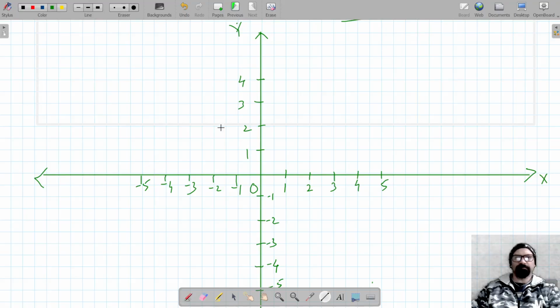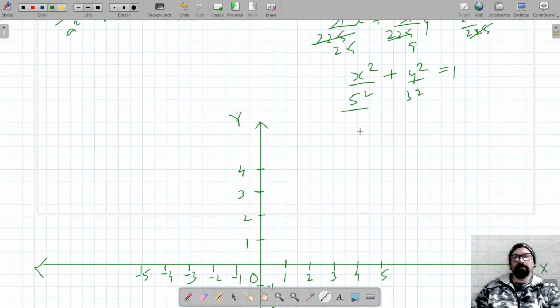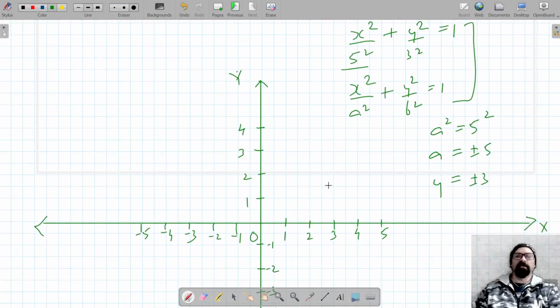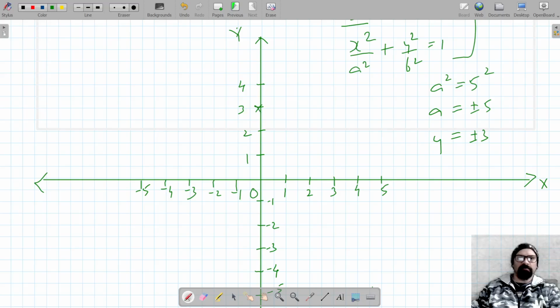So if we compare this with the equation x²/a² + y²/b² = 1, which gives me a² = 5², which is a = ±5, the semi-major axis, and similarly b = ±3.